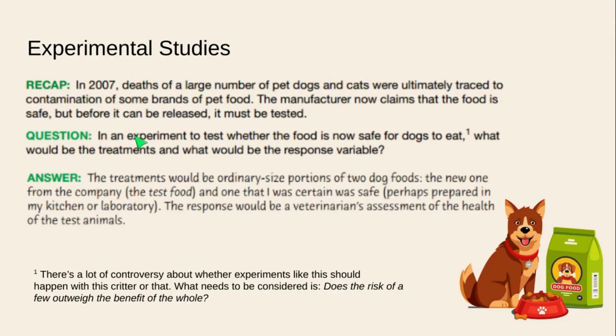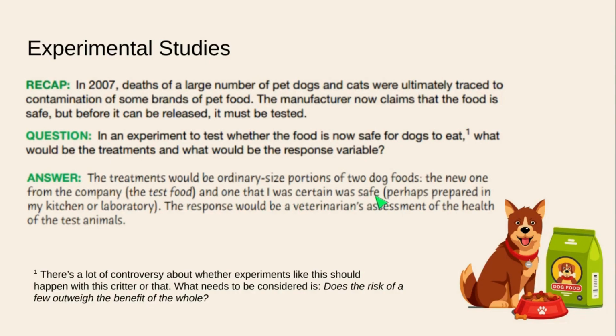So here we see this test food here. This is the food from the company that we're trying to see if it's still contaminated or not. This test food would be the treatment that we would give to the treatment group. The group of dogs that eats this food would be the treatment group.